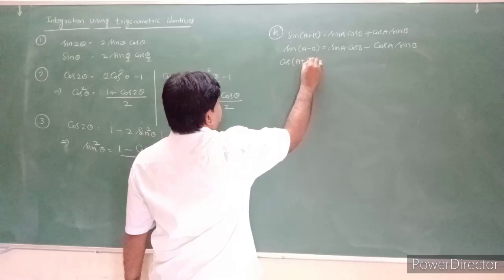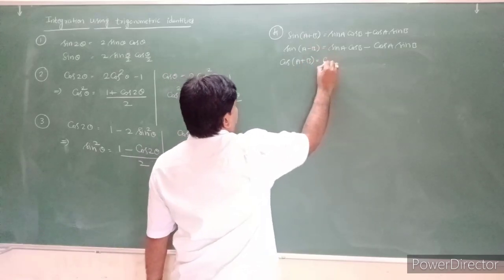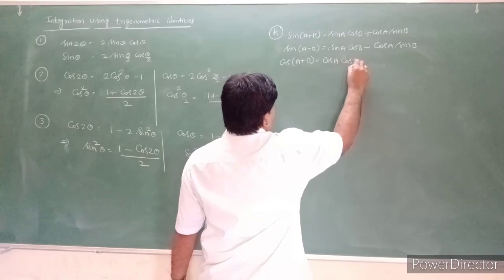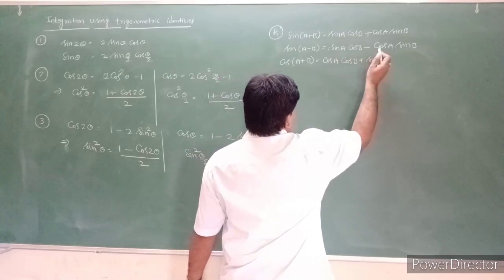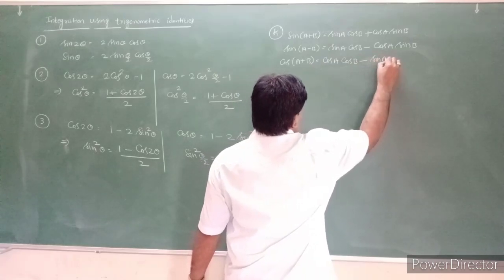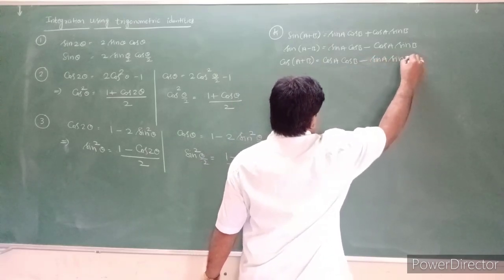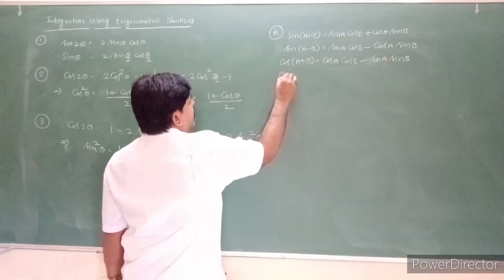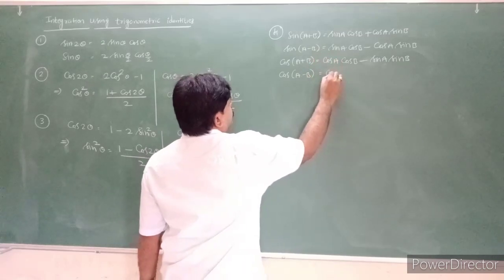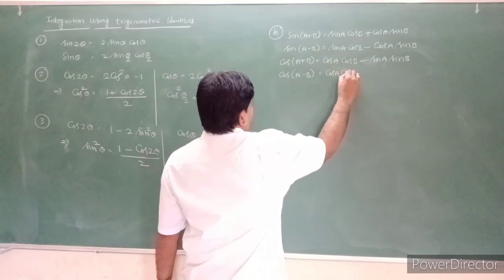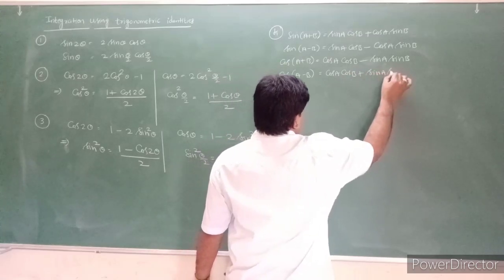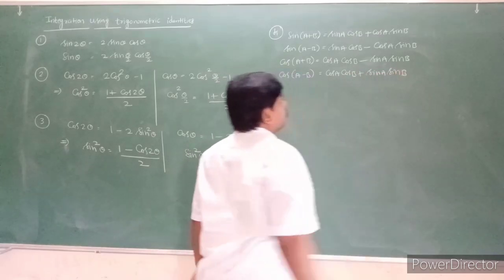Cos of a plus b is equal to cos a cos b minus sin a sin b, and cos of a minus b is equal to cos a cos b plus sin a sin b.